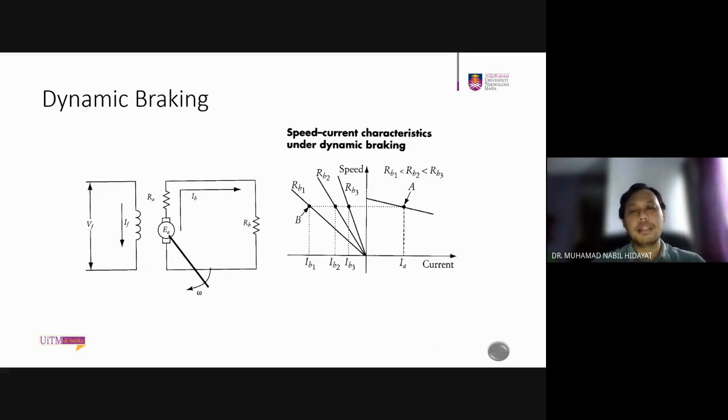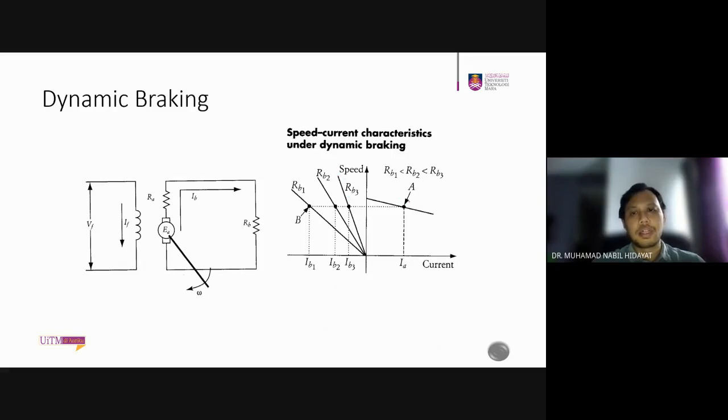The speed will reduce. As you can see, the direction of speed is the same, omega is in the same direction, clockwise. When it connects to RB, the speed will reduce.